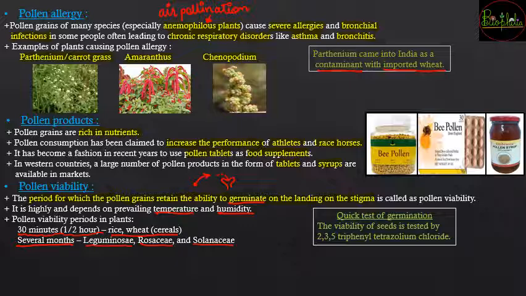Now people, those who are undergoing artificial hybridization, they have a test that is called as quick test of germination for checking the pollen viability. तो viability of seeds test करने के लिए what is the technique used, that it is released into a solution that is 2,3,5 triphenyl tetrazolium chloride. When this is used, then the person can identify whether the pollen or the seed is viable or not.